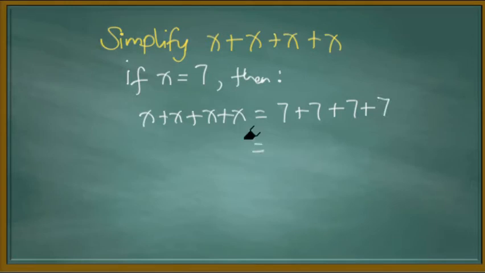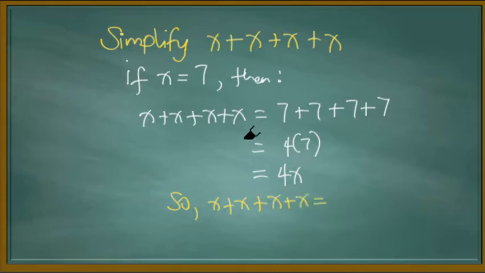We have 4 7s here, so this is the same as 4 times 7. But our supposition says that x is equal to 7, so we write it back as 4x. Again, this means that x plus x plus x plus x is equal to 4x.